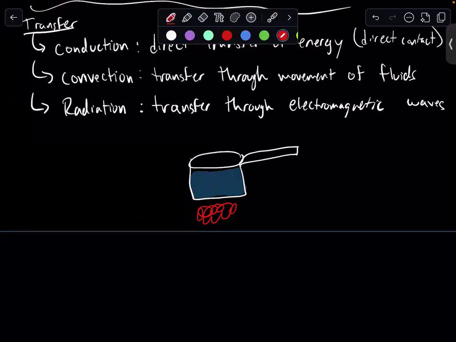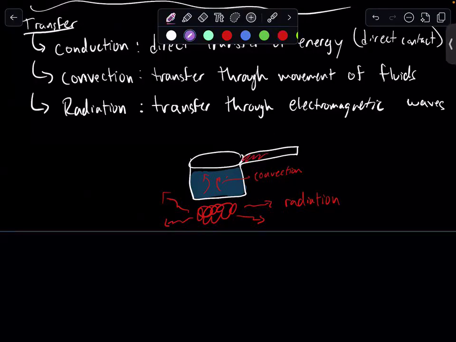And so this fire is radiating light. So this is radiation. Inside, the hot water is rising. That is convection. And oh no, the pot is hot.